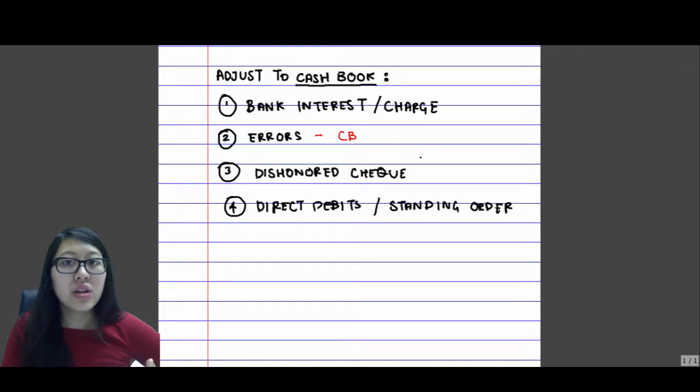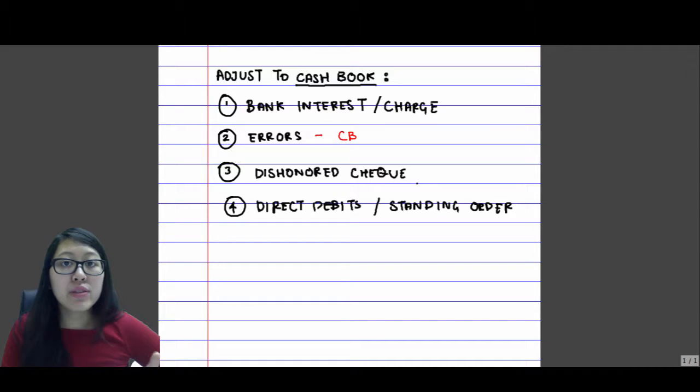Now third is a dishonored check. A dishonored check is when the bank rejects the check. So for example, let's say I'm supposed to be depositing a check to my bank, and this check represents a payment to a supplier. When I've already deposited the check, I'm going to assume my bank balance is going to reduce. So what I will do is reduce my balance in my cash book.